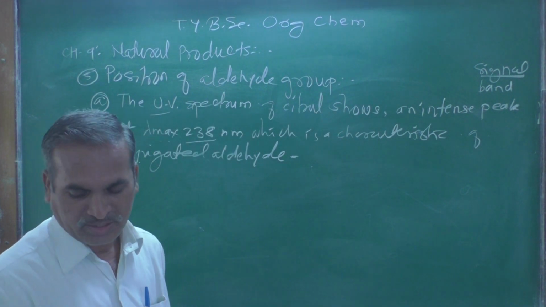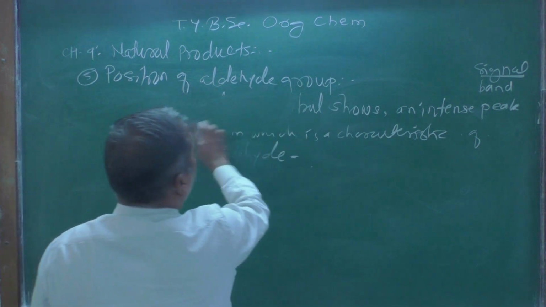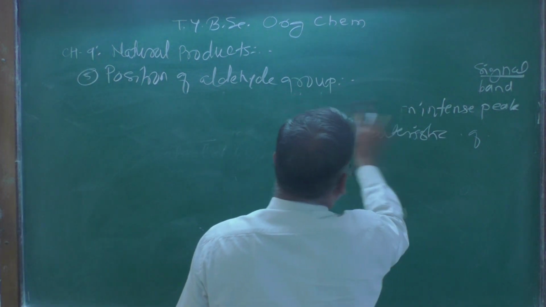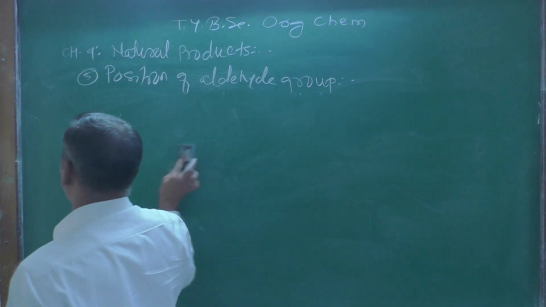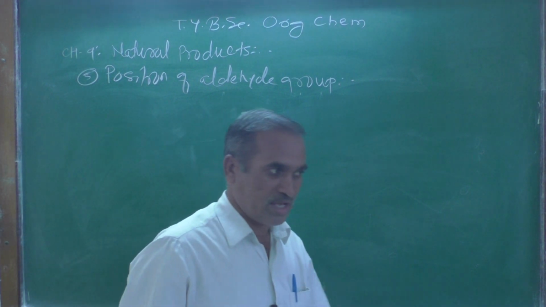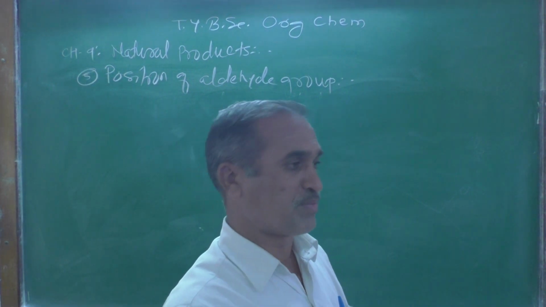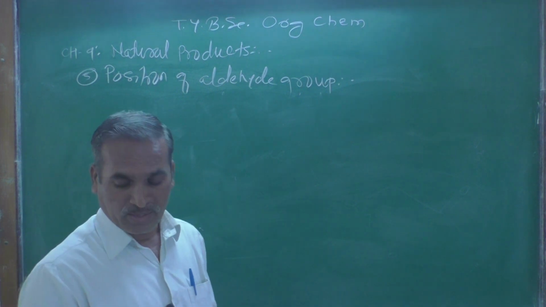So that type of reaction occurs over there. Let us see the position of that aldehyde. In the first point we have seen the lambda max appears around 238, which is characteristic. The aldehyde group is present, but in conjugation with the double bond.